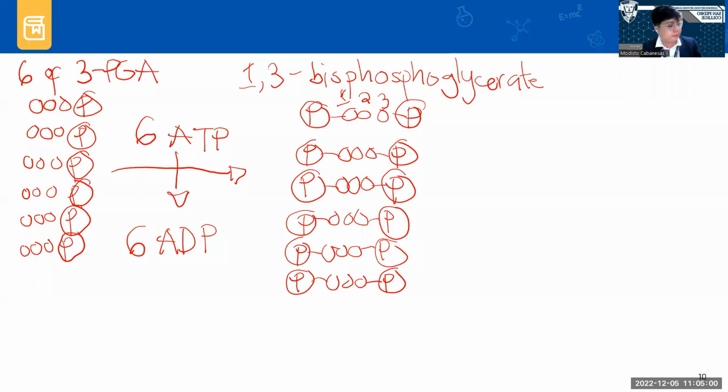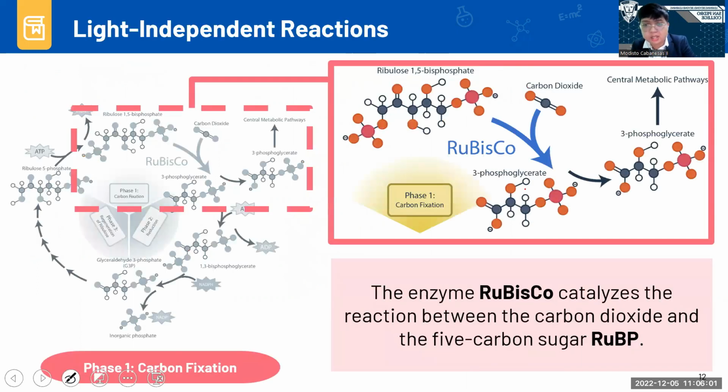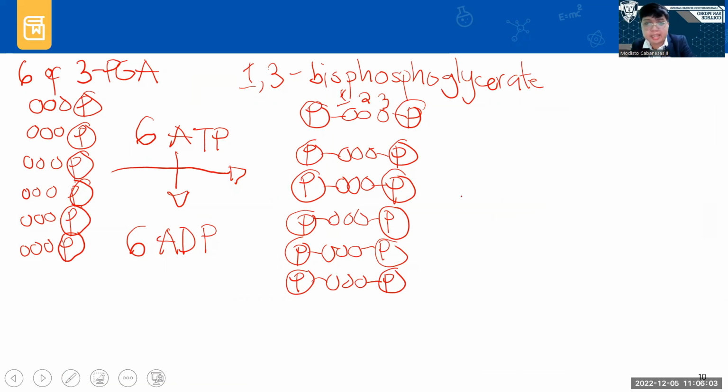Bisphosphoglycerate. The next thing that will happen, mag-undergo ulit ng reduction process and papasok ngayon yung NADPH, which is another product of the light-dependent reaction.